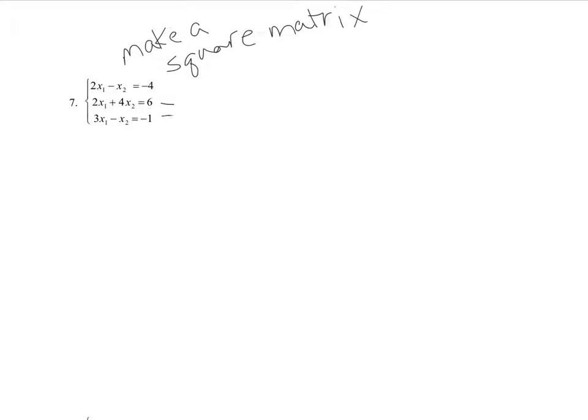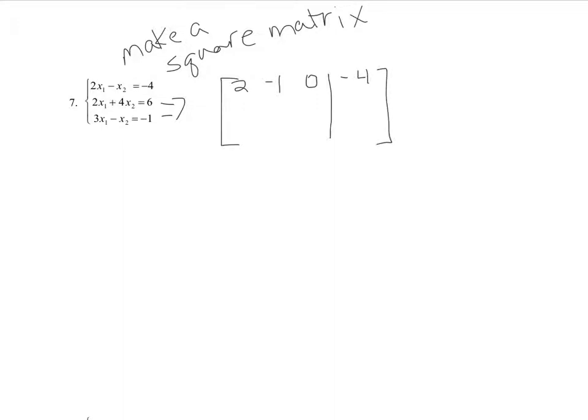So what will happen is when I move across this top row, I have 2 in the first spot because 2x sub 1 is that first element. Then I'm going to have a negative 1. There is no x sub 3 in my equation. Well, that's because the coefficient would have to be 0 if it were there, and 0 times anything is 0, and we wouldn't write that down. So I'm going to make this third column, and I'm going to put a 0 there. My answer was negative 4.